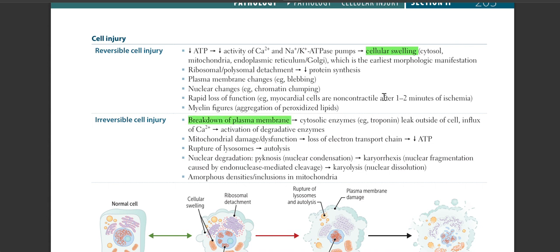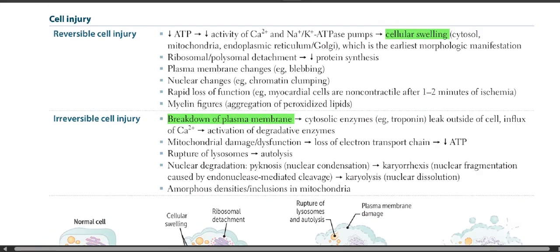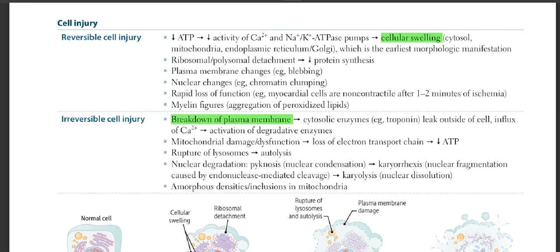Now, let's say the cell just balloons in size. The plasma membrane would become flat. Usually the plasma membrane has some invaginations, but now that won't happen.